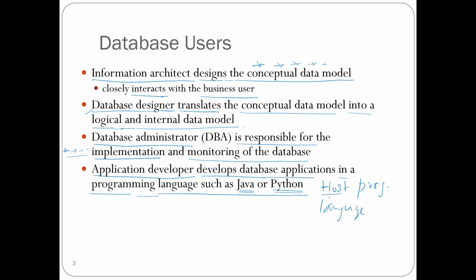That kind of flexibility is available in high-level programming languages, or the host programming languages. So the application developer would develop the whole application in languages like Java, Python, or similar languages. But in that application, they will interact with the database using the DBMS query languages or interfaces. We'll discuss that soon.